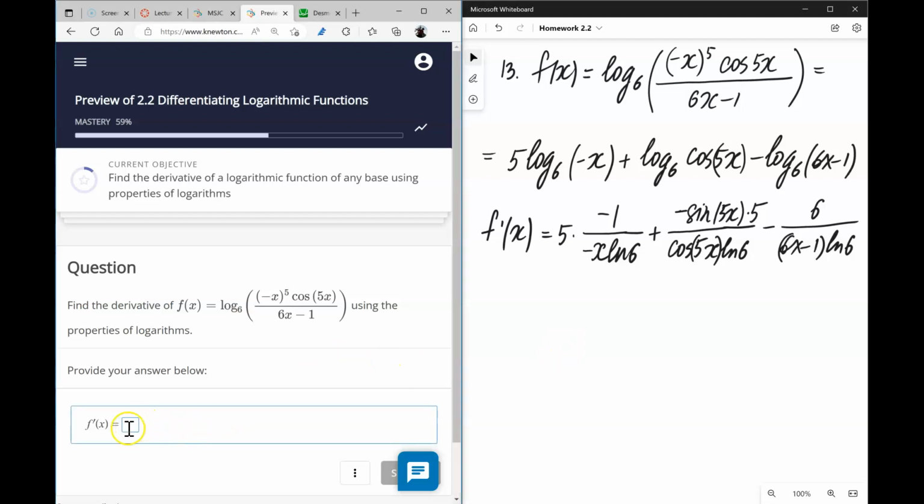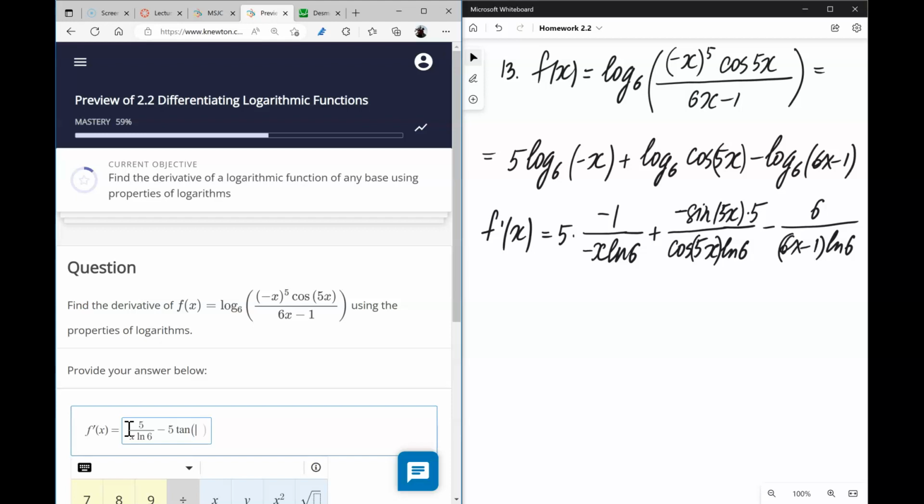So typing this answer, simplifying it as I'm typing it, we have 5 over x ln 6 minus 5 tangent 5x divided by ln 6 minus 6 divided by 6x minus 1 ln 6.